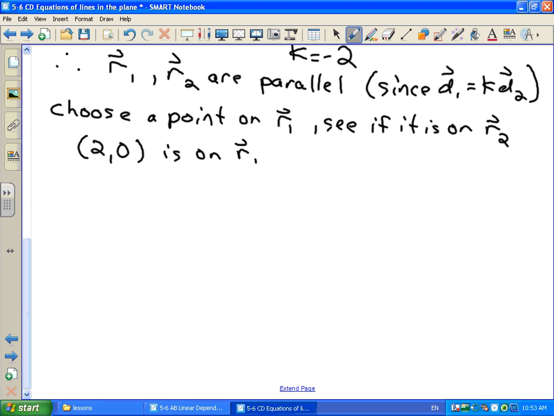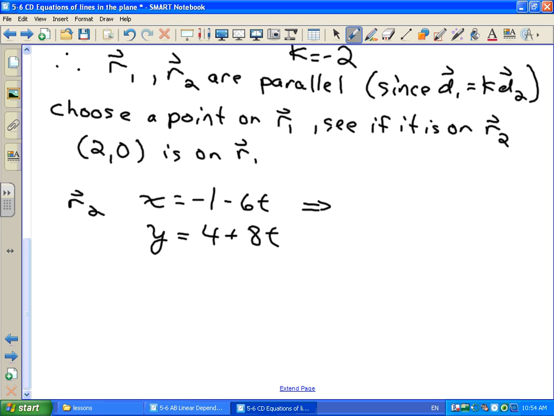We've got our parametric equation there for R2, which is x and y here. So we've got -1 minus 6t and 4 plus 8t. Okay. And let's just check and see if this point, 2, 0, satisfies this equation. Let's do our x first here.